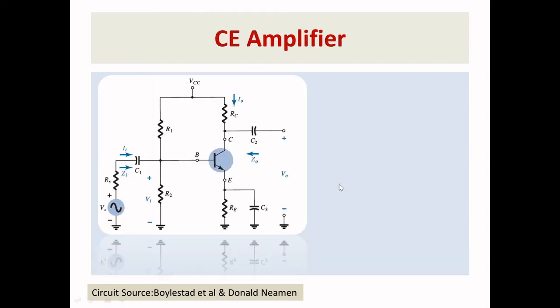So I'll just show one amplifier circuit. It is a common emitter amplifier circuit. I'll explain the basic important elements in the amplifier. C1 is an input coupling capacitor to couple the input signal from the input terminal to the base terminal. And C2 is the output coupling capacitor to couple from the collector terminal to the output terminal, to the application terminal.